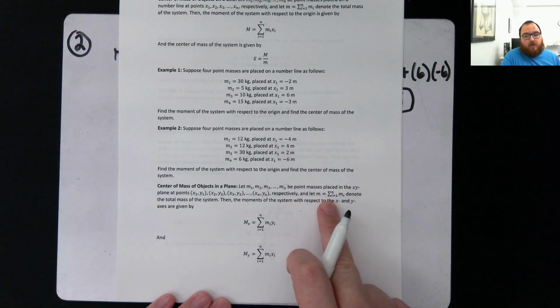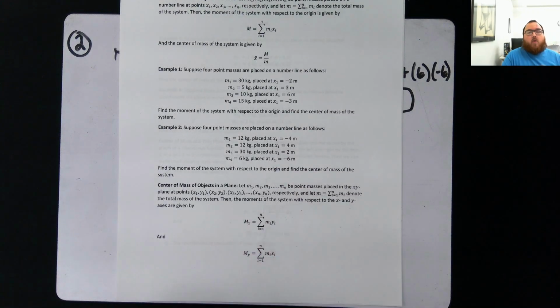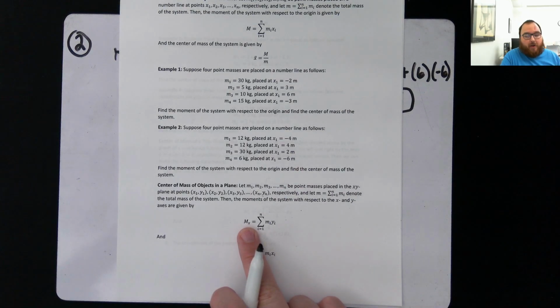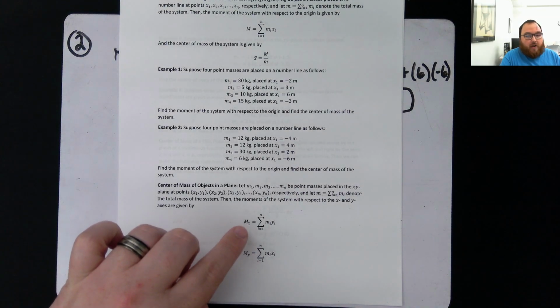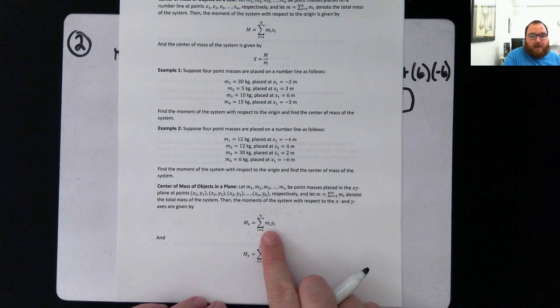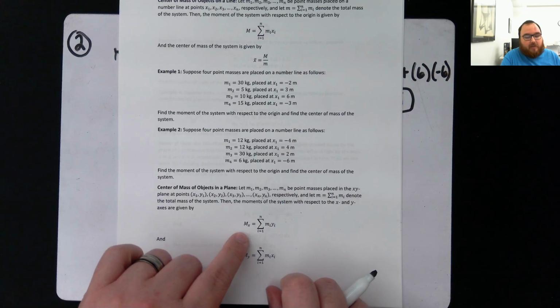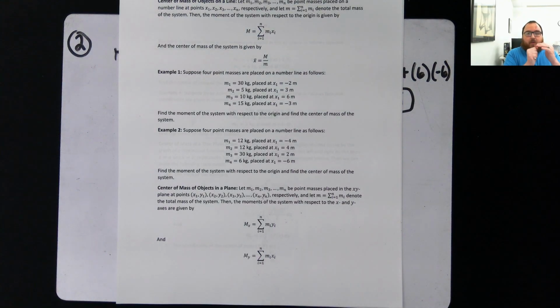That's the same thing. The moments, not going to work how you would assume, okay? So the moment for X means let's assume X is like a constant. What's happening to the Y's? So the moment for X, I'm going to do every mass times every Y, because the moment for X means if I leave the X, what's happening to the Y points?